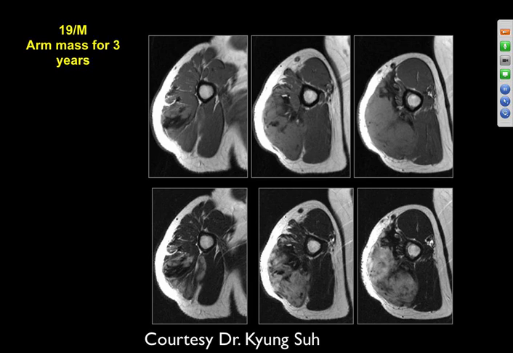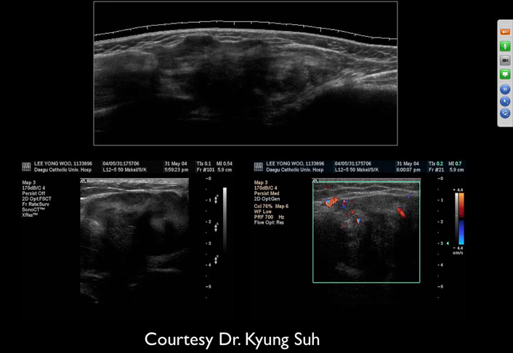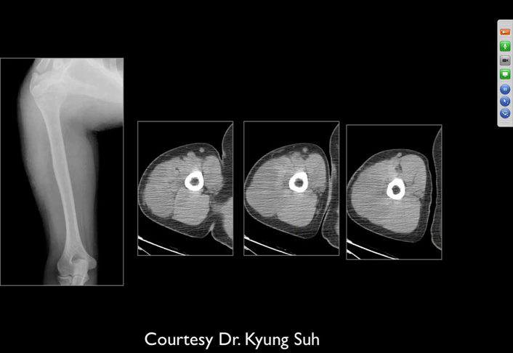19-year-old male with an arm mass for 3 years. Looks like some heterogeneity in this mass. It seems to be intramuscular, or maybe primarily intramuscular adjacent to the musculature. Again, this could be nodular fasciitis. Other things, fibromas, I guess they're in the muscle, but CT also shows some low attenuation within the musculature.